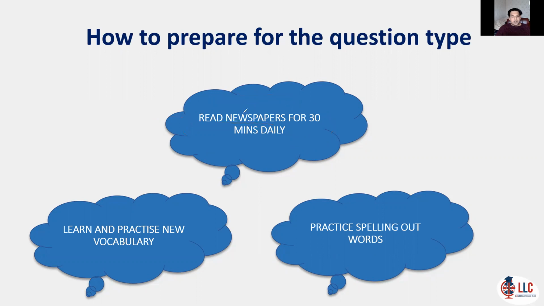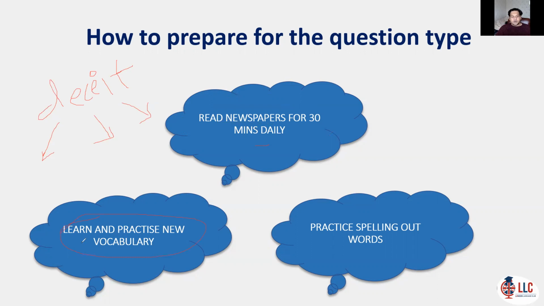And while you're reading, try to learn and practice new vocabulary. So in your reading practice, suppose you got a new word, maybe deceit. That's a word you learned from your reading exercise. So try to use this word. Make up sentences, maybe three or four sentences for each word that you learn.